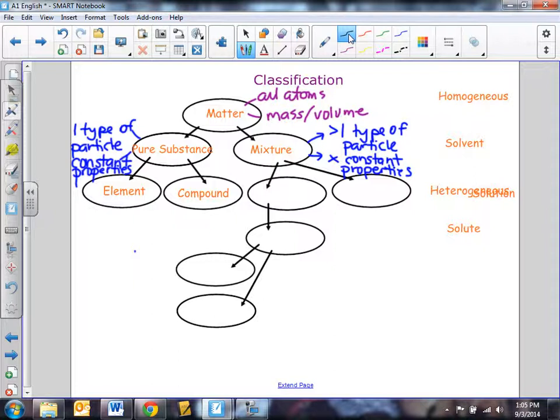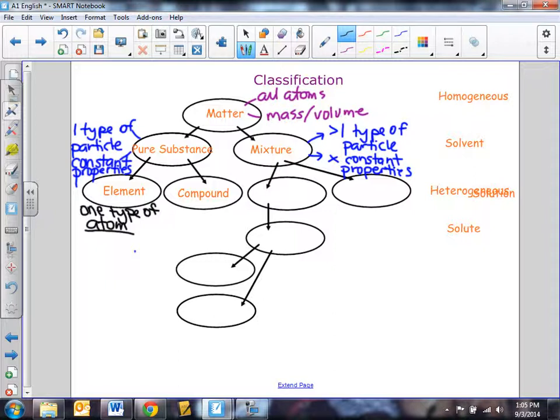Now, an element is something that is made up of only one type of atom. And notice on purpose, I use the word atom and not the word particle, because they're not quite the same.